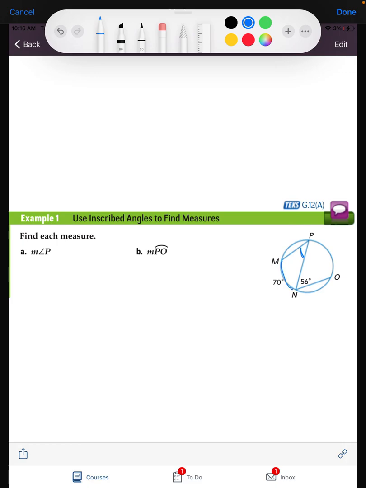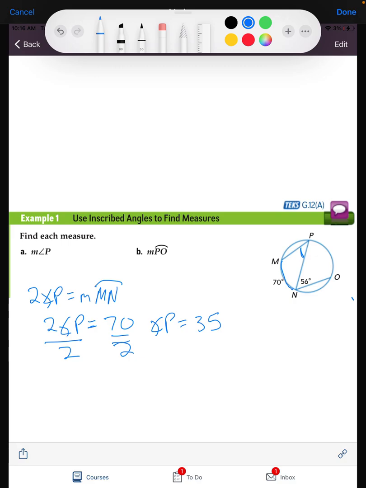So we know the arc is 2 times angle P. So 2 times angle P equals the measure of arc MN. And then we know that MN is 70, so by substitution 2 times angle P equals 70. And then if we divide by 2 on both sides, we get angle P equals 35.